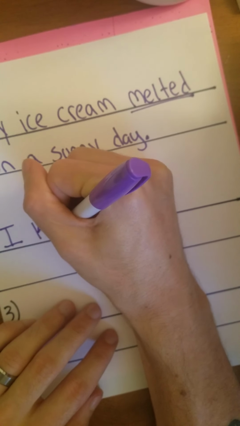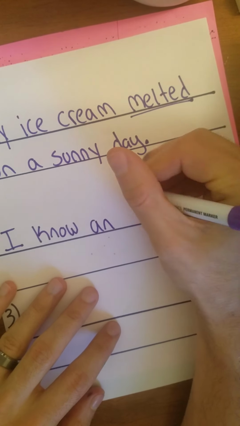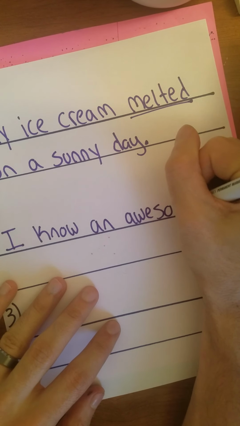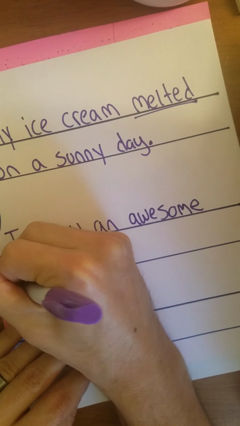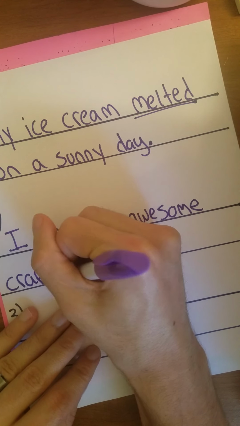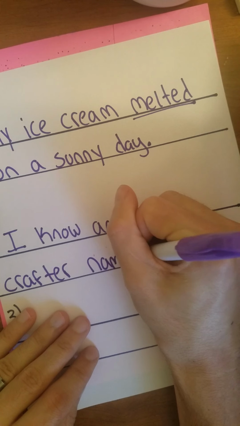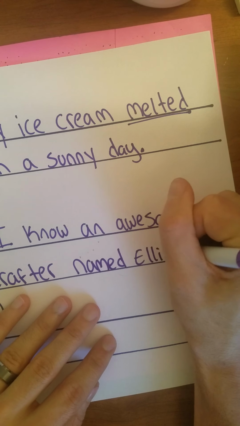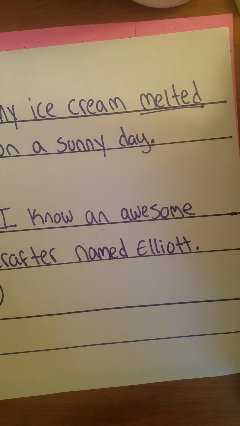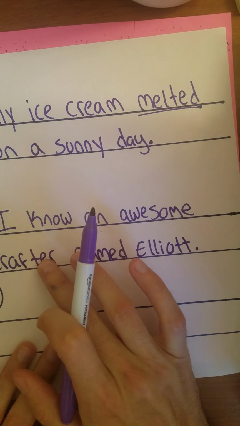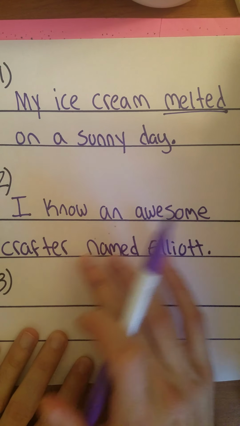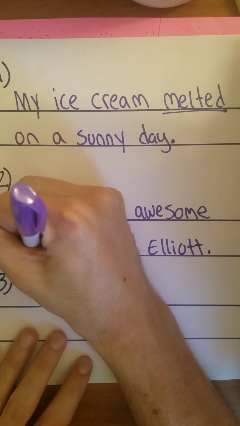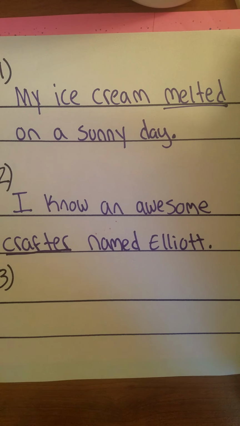I know an awesome crafter named Elliot. Right, so now crafter. The word crafter is naming Elliot. Elliot is an awesome crafter. If we said, I know an awesome craft named Elliot, that wouldn't make much sense. Right, let's do our final spin for walk.